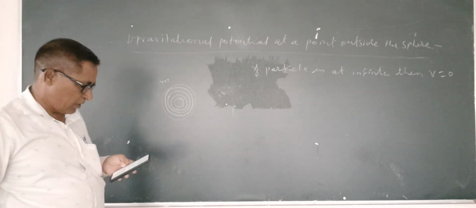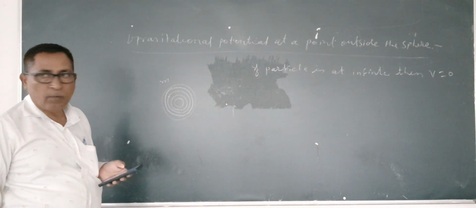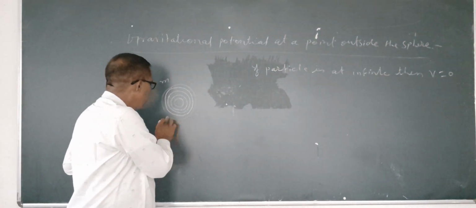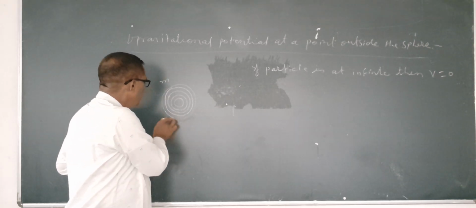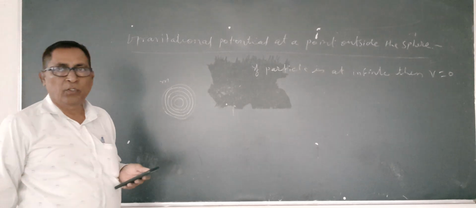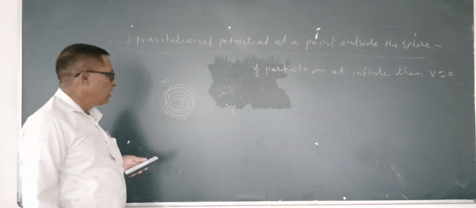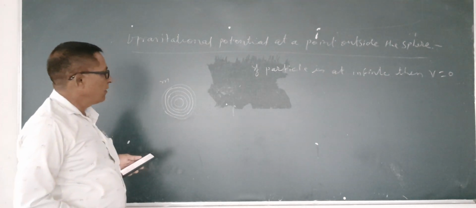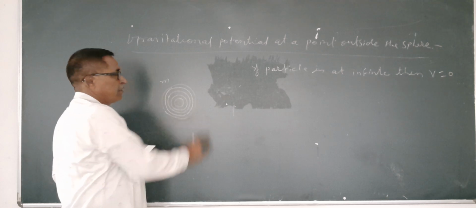Then we have to find the potential due to all these cells. As yesterday we calculated the potential at a point due to the mass m, similarly, in this topic, we have to calculate the potential on this point P due to all these cells.